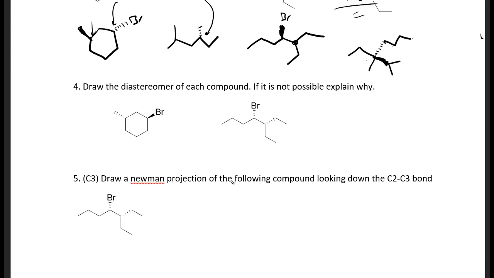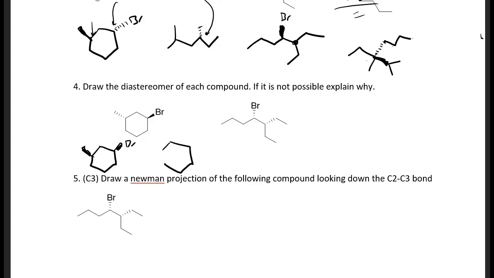For the next, draw a diastereomer of the compound. So for this, when you're looking at diastereomers, not all stereocenters are flipped. So I'm going to draw my cyclohexane ring. I'll keep bromine the same for the first one, and flip the methyl group orientation. So that's one diastereomer.